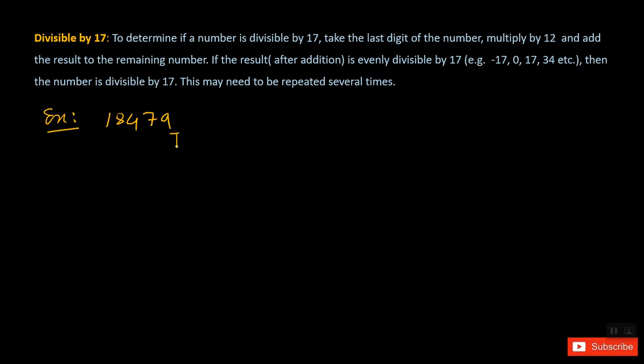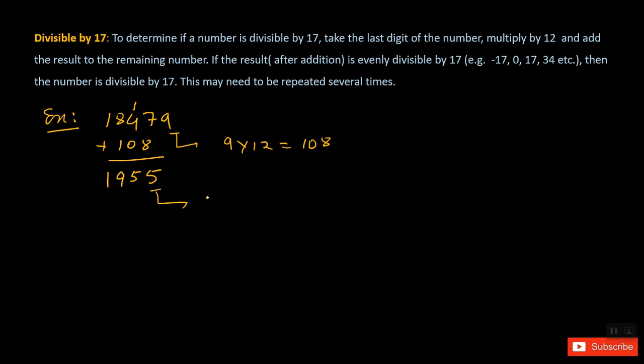Take the last digit of this number, 9 times 12, that gives you 108. Add this 108 to the remaining number. 7 plus 8 is 15, carry forward 1. 1 plus 4 is 5. 8 plus 1 is 9, and this 1 as it is.